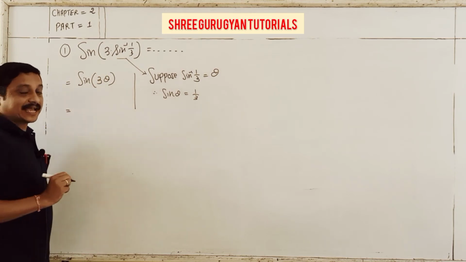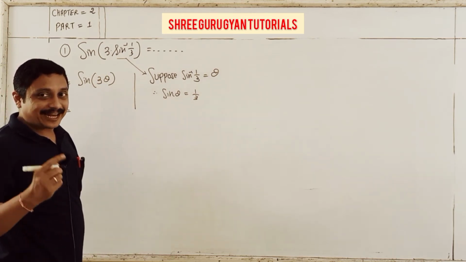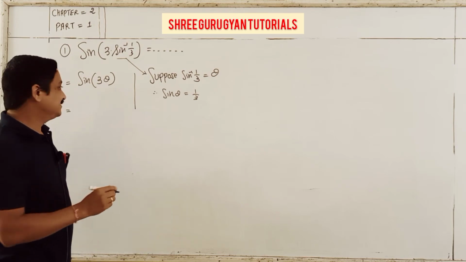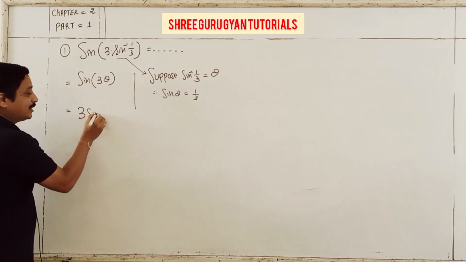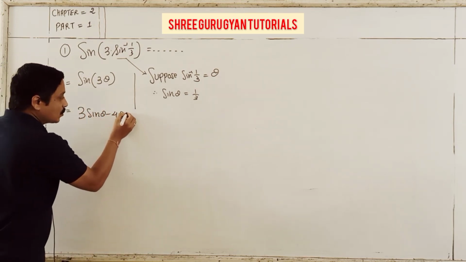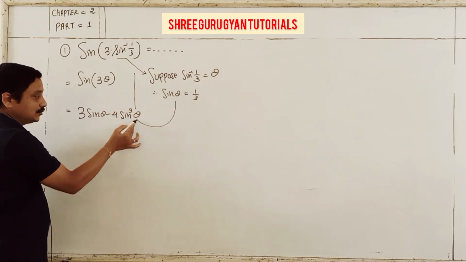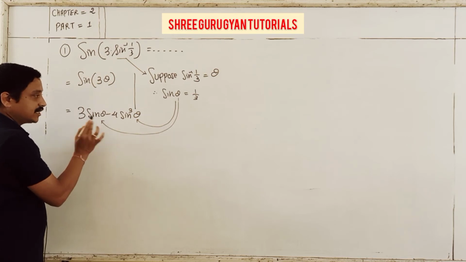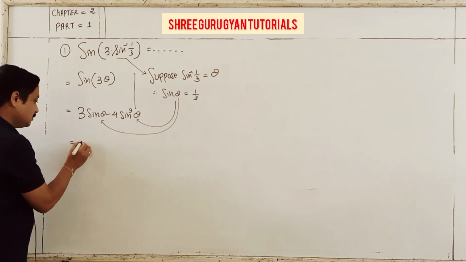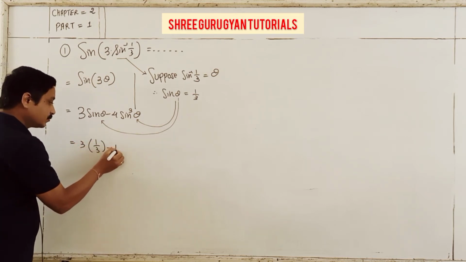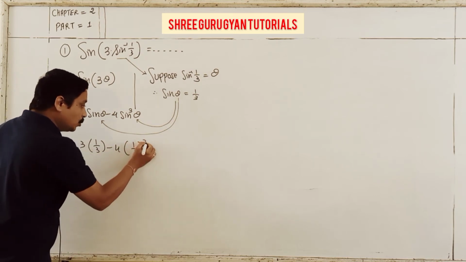Now, sine 3 theta formula, anybody know? 3 sine theta minus 4 sine cube theta, and this sine theta value you respectively put down there. So it is 1/3. Similarly here 1/3 cube.